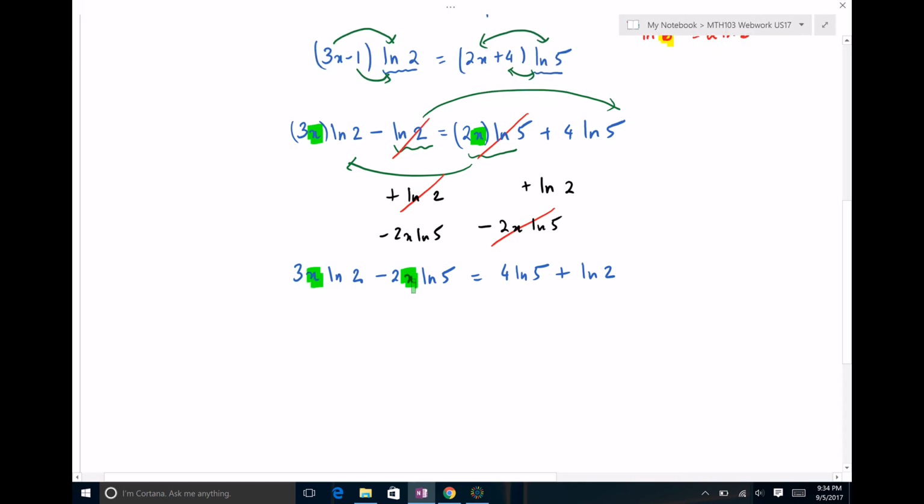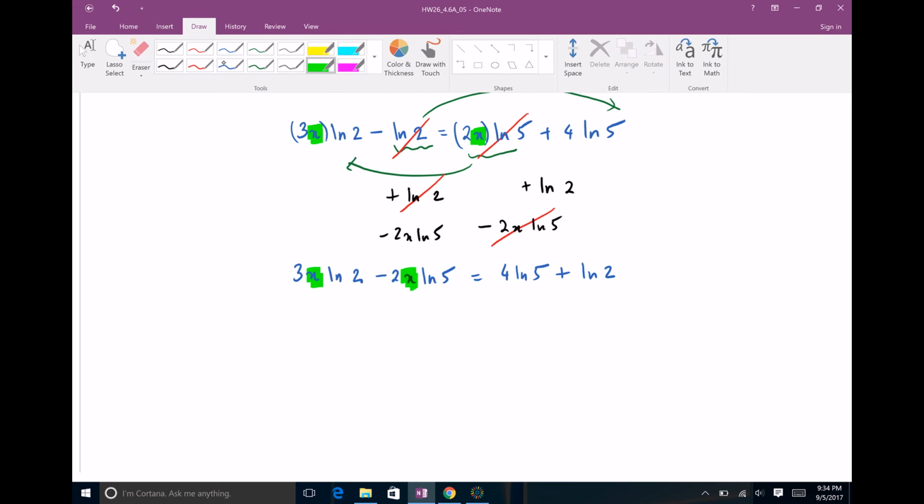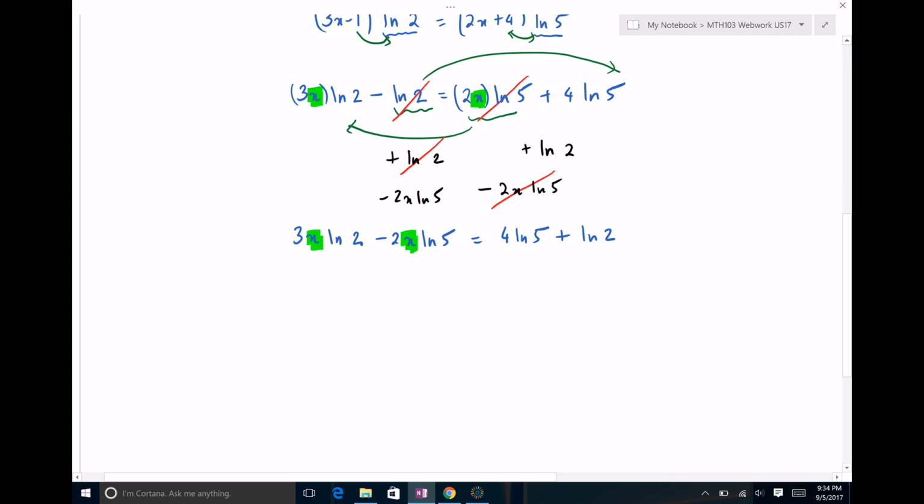So I have an x in both terms on the left hand side, so I'm going to factor out the x, and I'm left in the first term with 3 times natural log of 2, which is a constant, minus 2 times natural log of 5, which is again a constant, equals the same thing on the other side, 4 natural log of 5 plus natural log of 2.